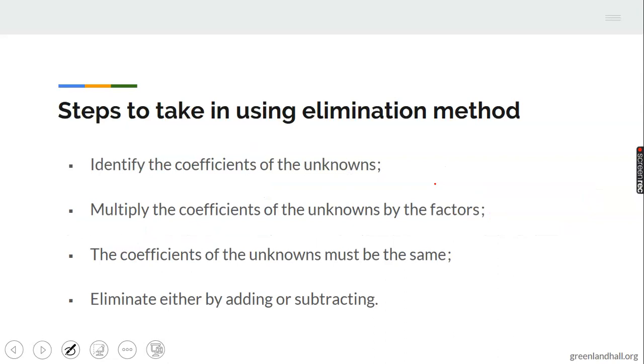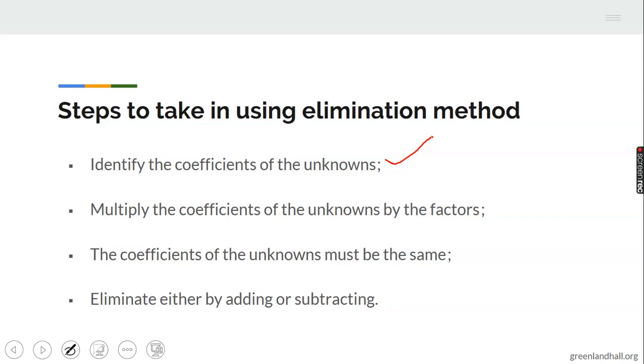Now, there are steps to take in using the elimination method to solve simultaneous linear equations. Just as we did in the first class, we have steps for the substitution method. So we also have steps for elimination. Let's go. Step 1 says, identify the coefficients of the unknowns. Why do we need to identify the coefficients of the unknowns?